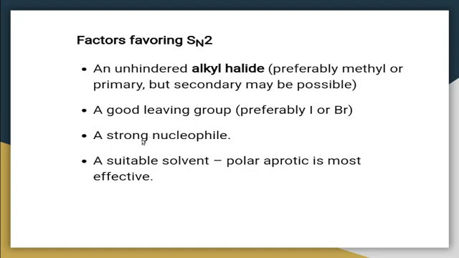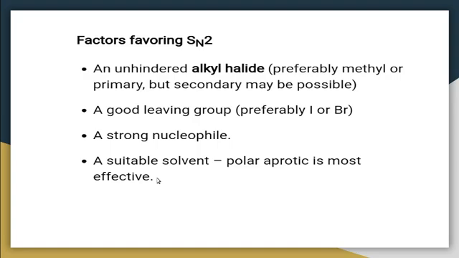Then another factor that favors SN2 reaction is a strong nucleophile. If the nucleophile is very strong, that favors SN2 reaction. Then another factor is a suitable solvent. Polar aprotic solvent is most effective for SN2 reaction.